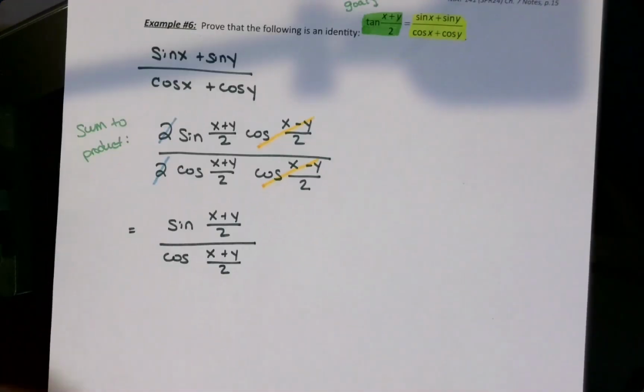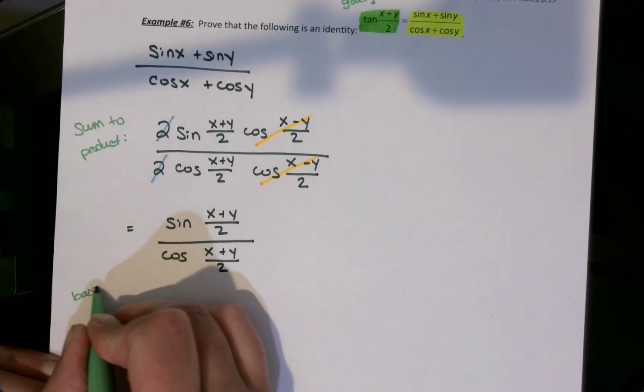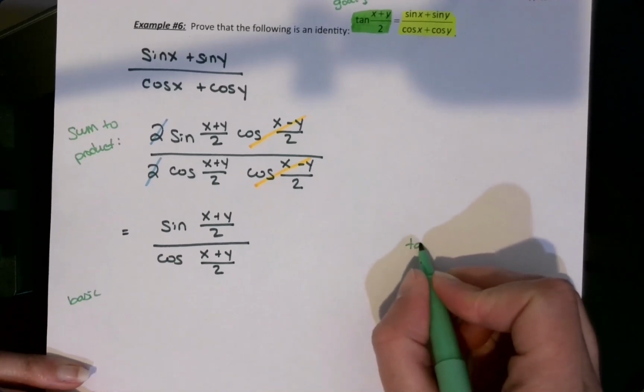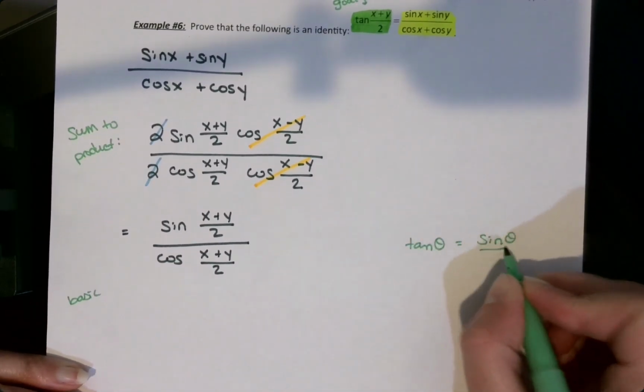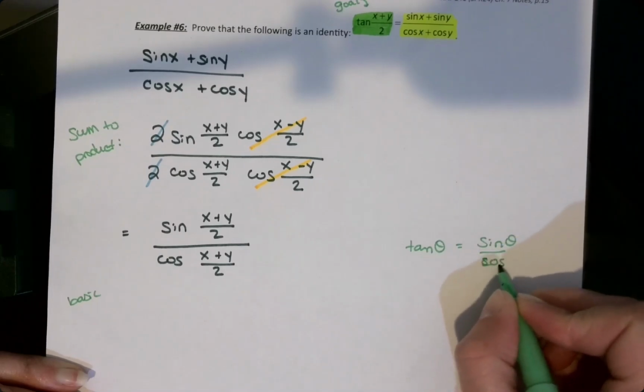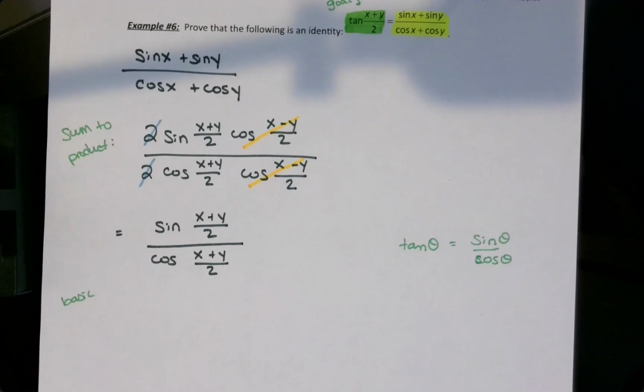And since these angles are the same, we're going to be able to make use of the basic identity that says that the tangent of any angle is equal to the sine of that angle over the cosine of that angle. And that angle happens to be x plus y over 2.